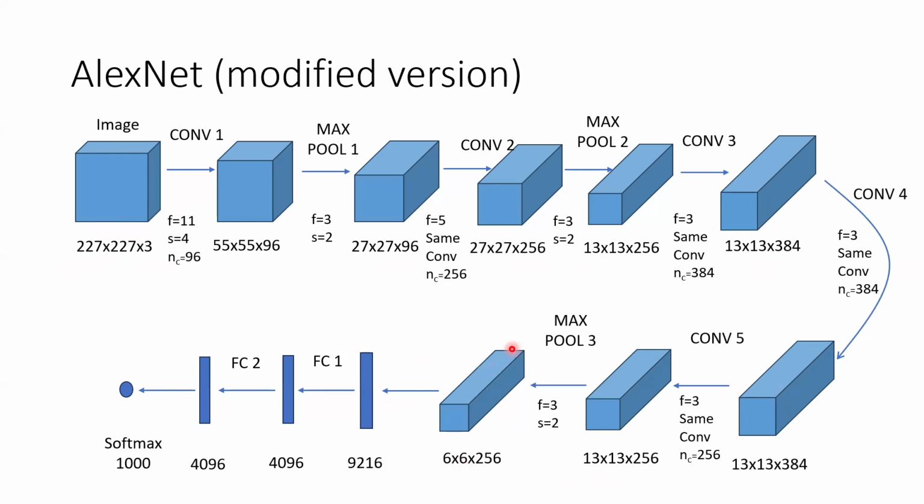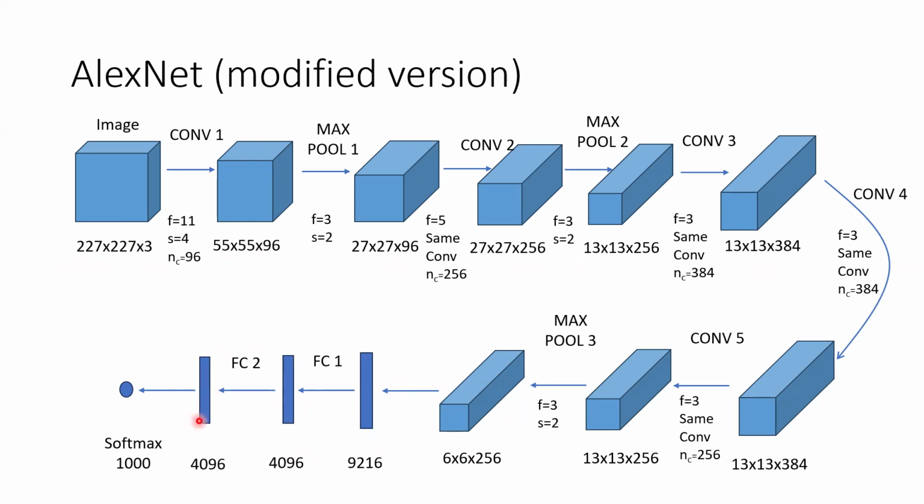Then what we do is we take all the values in this tensor and apply a fully connected layer. That means we combine all the combinations of these values and reduce it to 9,216. Then another fully connected layer reduces it to 4,096.